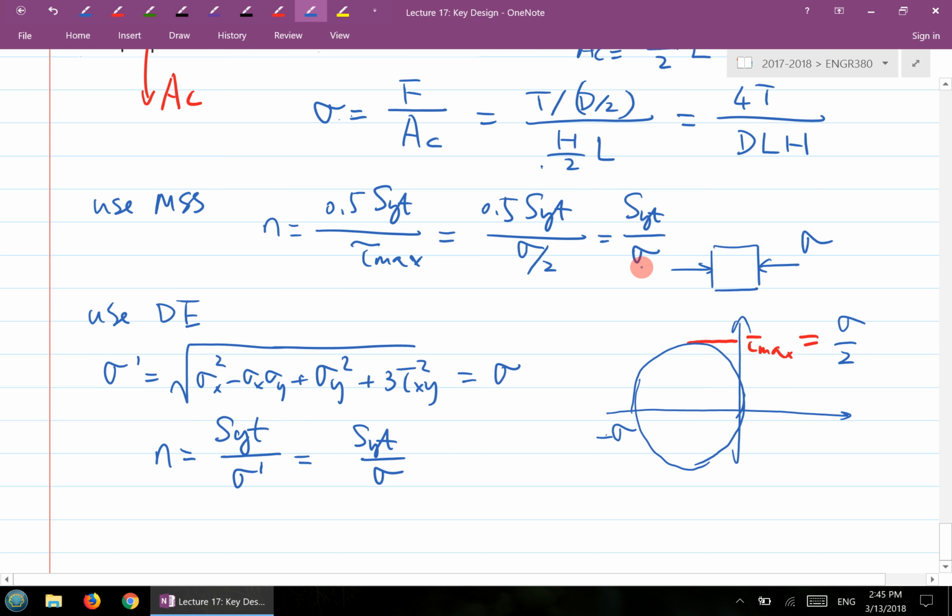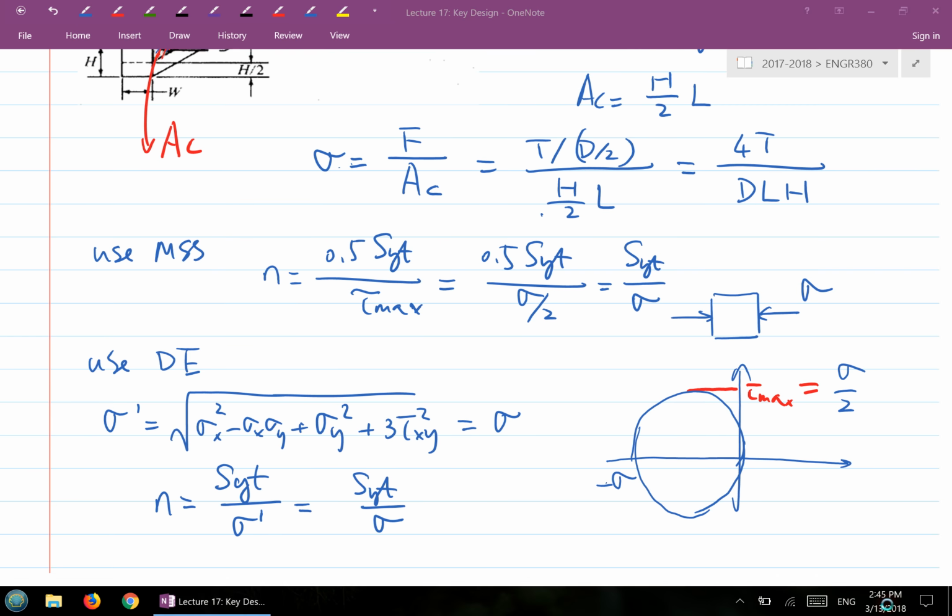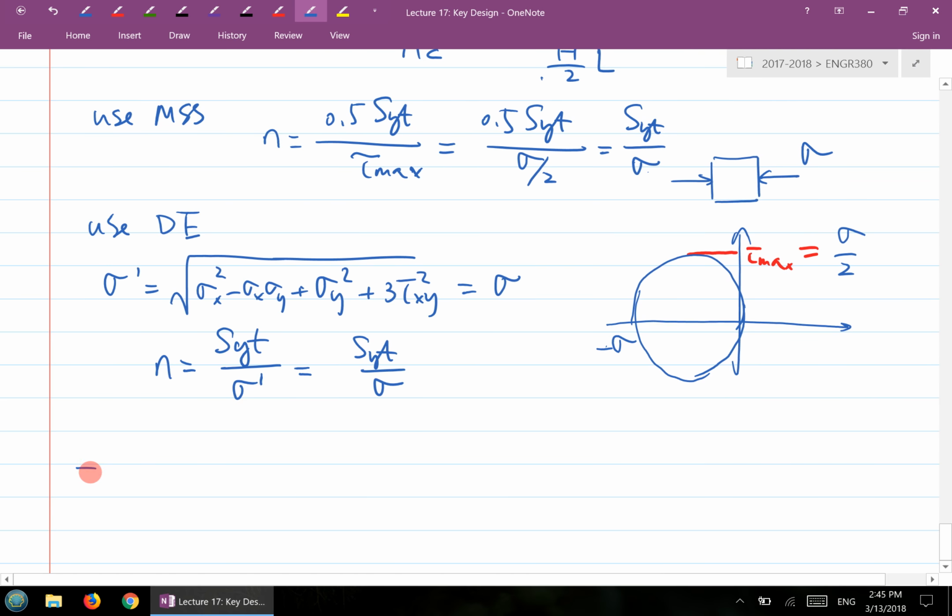If I combine the safety factor calculation with the actual stress sigma, plug the sigma in and backward calculate for L, we get L equal to 4 times n times T over SYT times d times h.